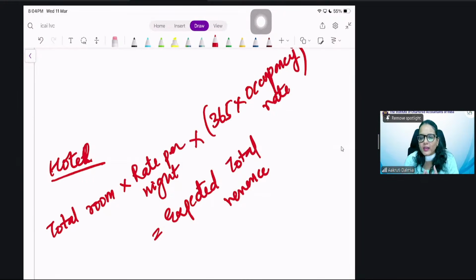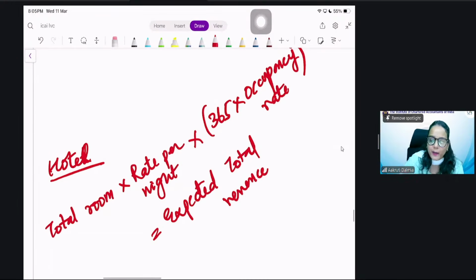So usually any good hotel has an occupancy rate of 60 to 70%. So out of 365 days, it was at least occupied for, let's say, 60% or 70% of the time. So you have to do it like this: how many total rooms were there, what is the rate per night, and how many nights it was occupied.